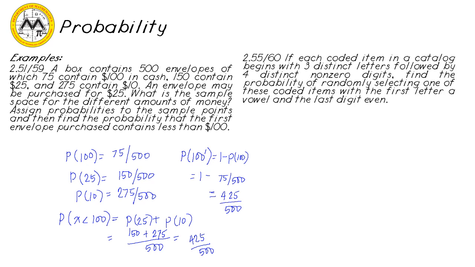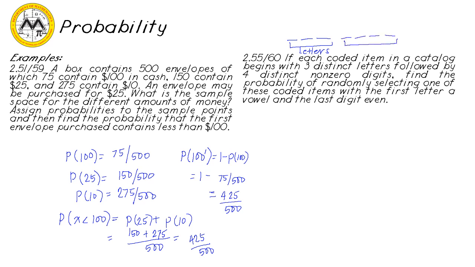Next, each coded item in a catalog begins with 3 distinct letters. So this would be letters. And then followed by 4 non-zero digits. So 1, 2, 3, 4.